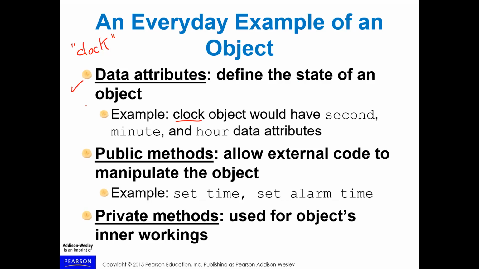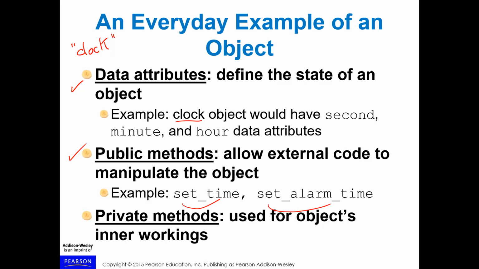So you have that. Then you also have some methods, all right? So in this case, public methods, okay? They allow external code to manipulate the object. So these could be methods such as set time, set alarm time, get time, right? These are the things that you probably want from the outside to access in your object clock.